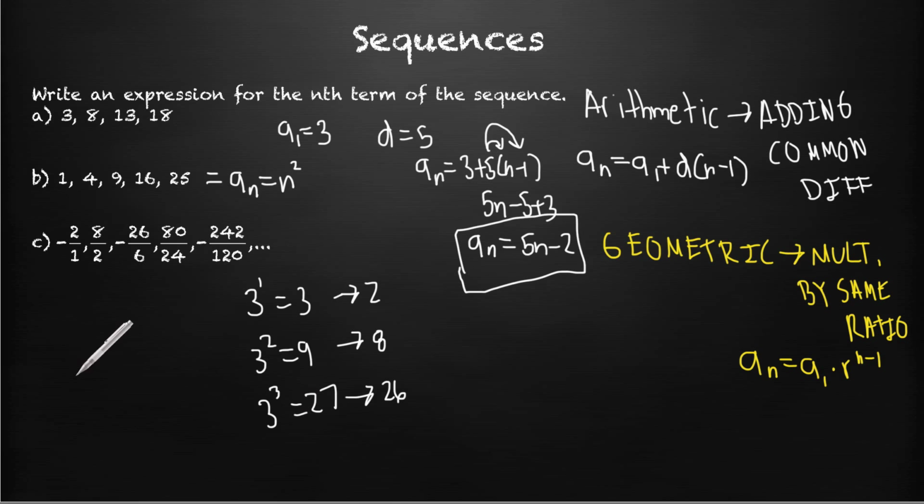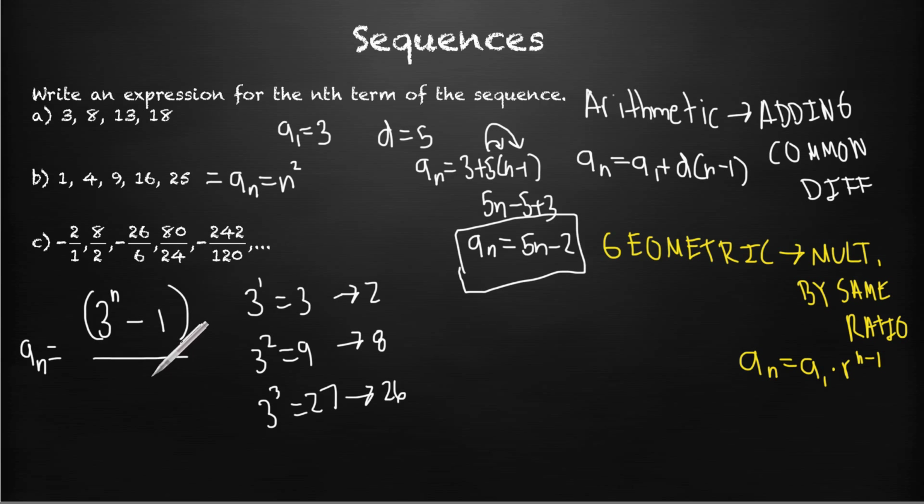So the top looks like we could write it as 3 to the n minus 1. Now make sure you don't put the minus 1 up here with the n. It's 3 to the n, minus 1. So there's our numerator. And we'll call this A sub n.